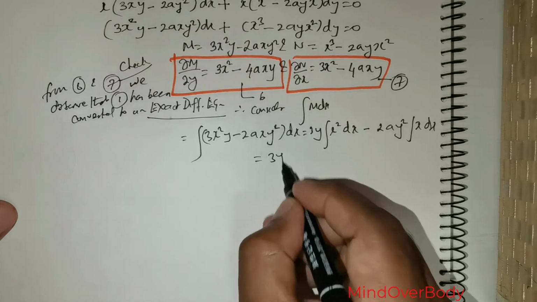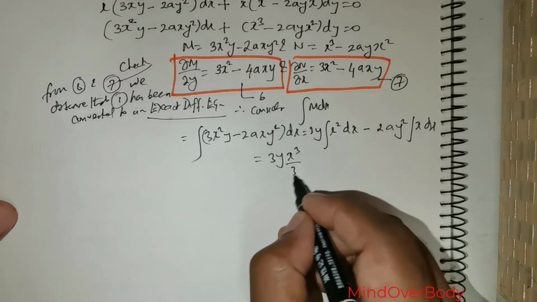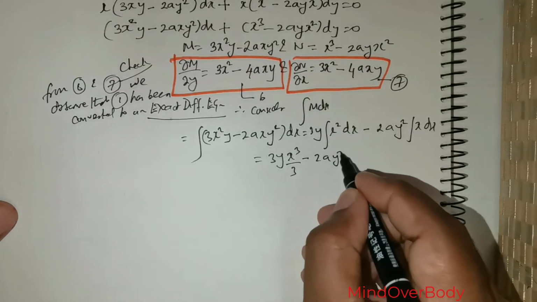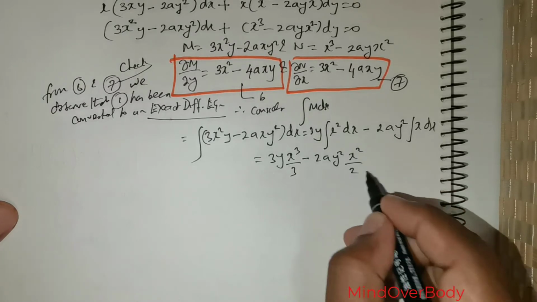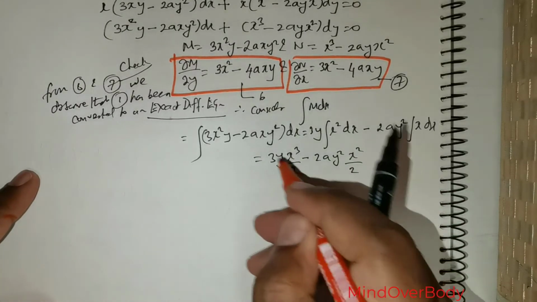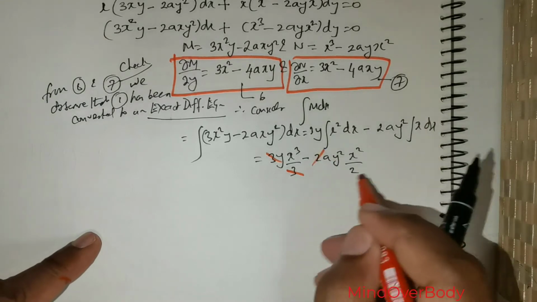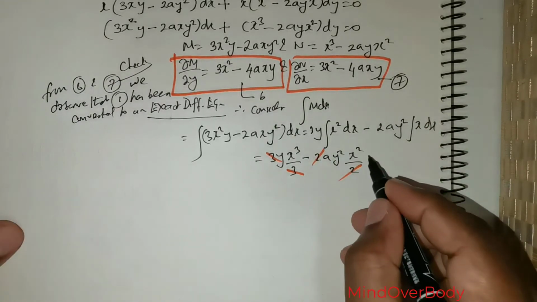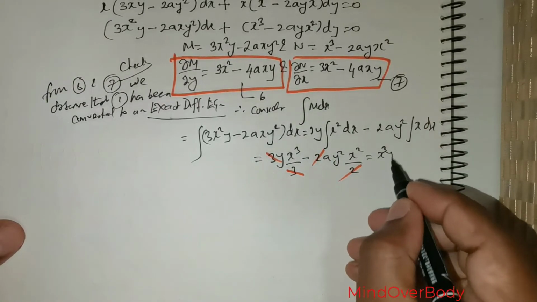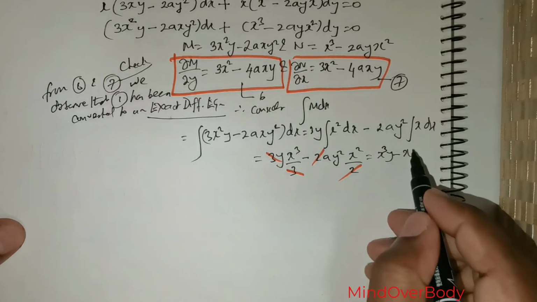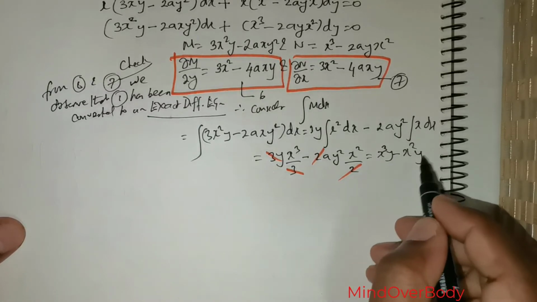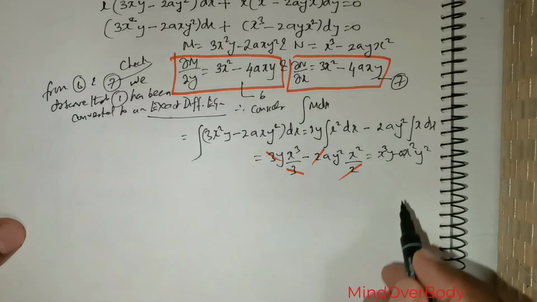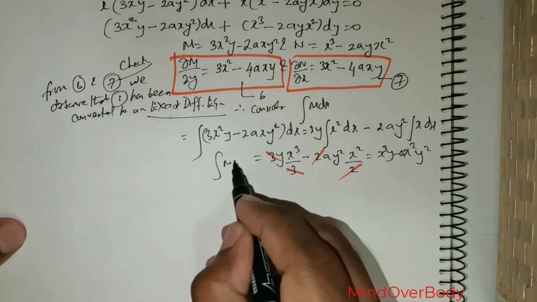So this is going to give me 3y times x to the power of 3 divided by 3, minus 2ay squared times x to the power of 2 divided by 2. Of course, the 3 can be cancelled, the 2 can be cancelled, giving me x cubed y minus a x squared y squared. Of course, there is an a there. So this is my integral M dx.